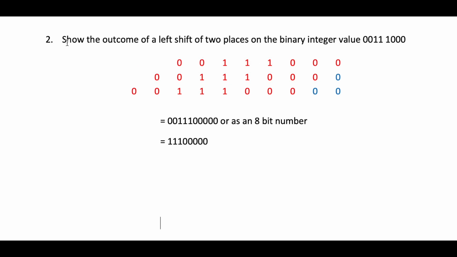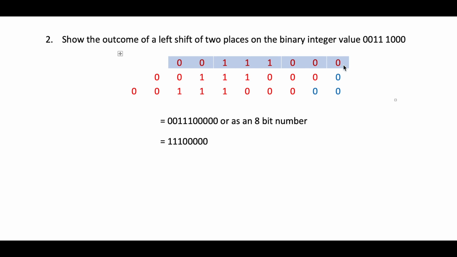Question number 2. Show the outcome of a left shift of 2 places on the binary integer shown here. So again, I've written the original 8-bit number on the first row. Each digit is moved down and one place to the left, until we get to the final digit.